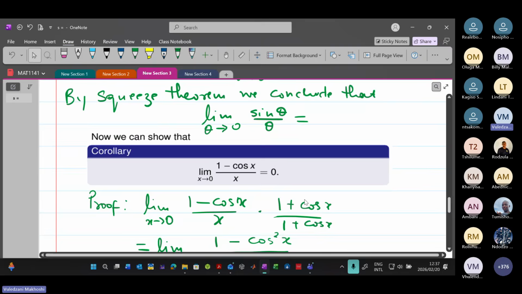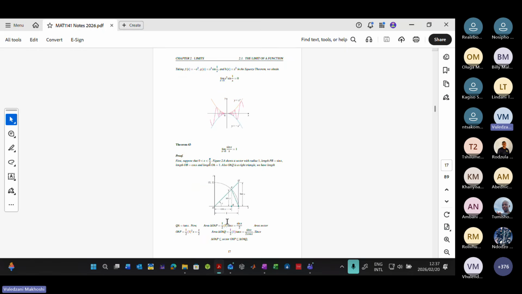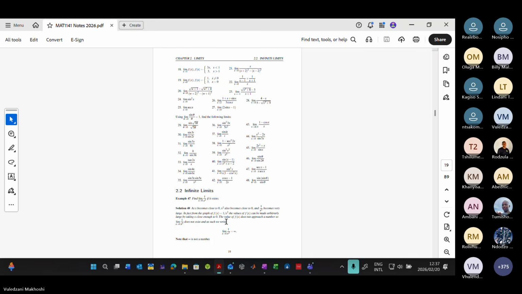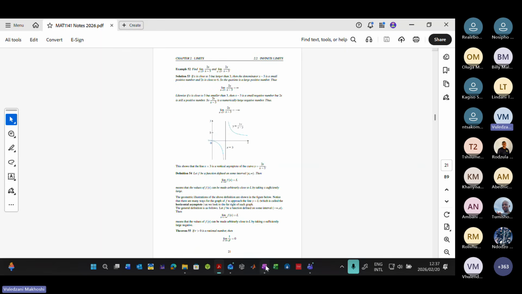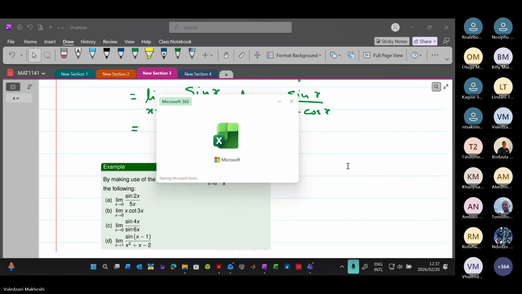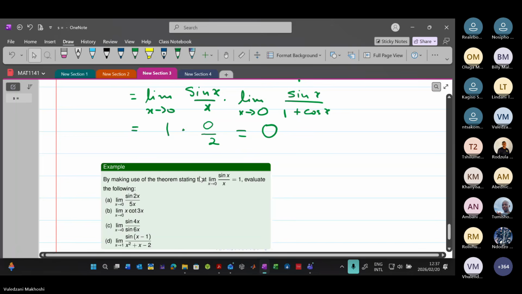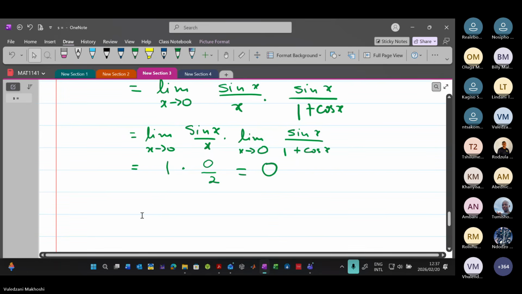Let us take some examples. There is one example which I want us to look at: x cot 3x. Examples.